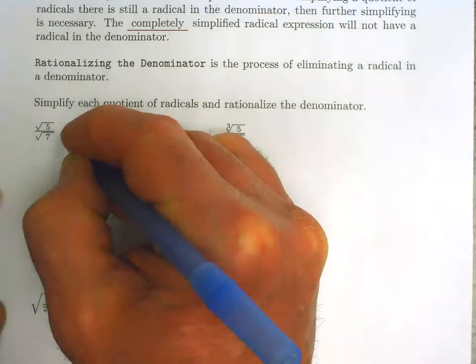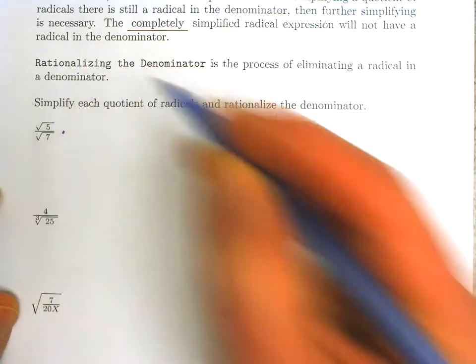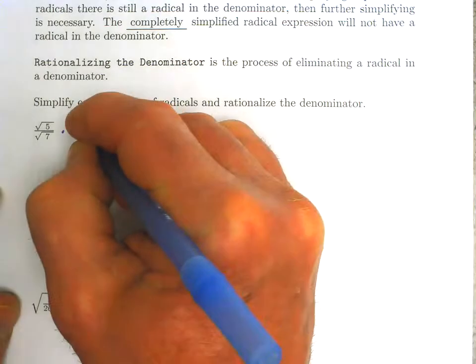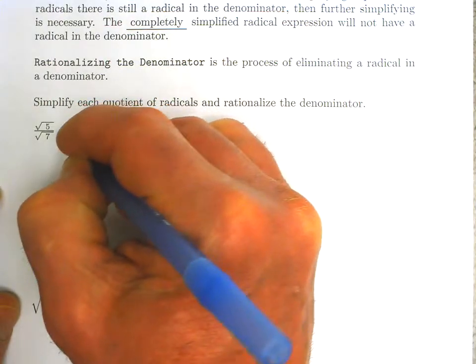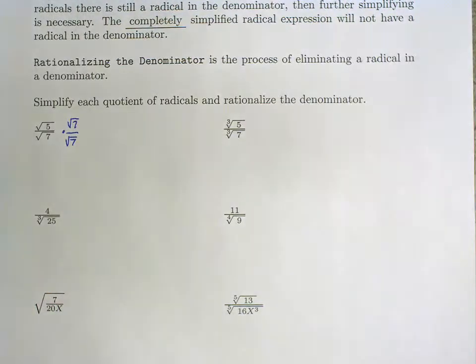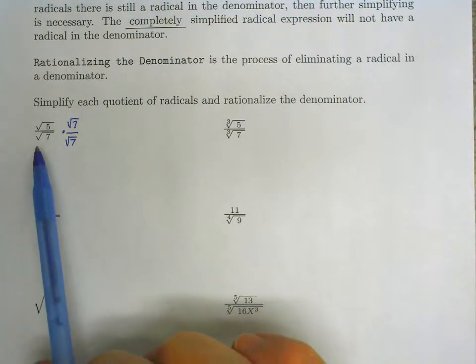We're going to multiply this by 1 in the form the square root of 7 divided by the square root of 7. Okay, you'll agree that the square root of 7 divided by the square root of 7 equals 1. And anytime you multiply a number by 1, you're not changing its value.